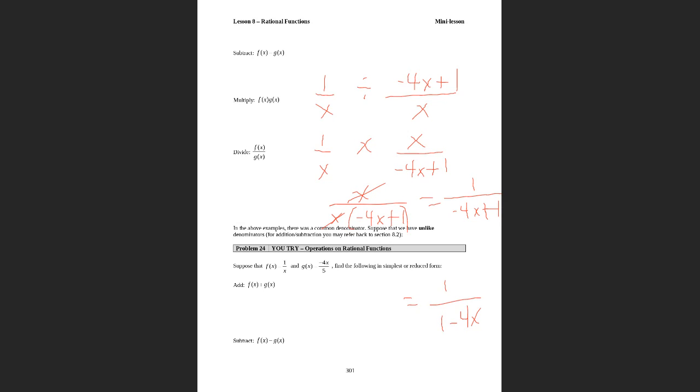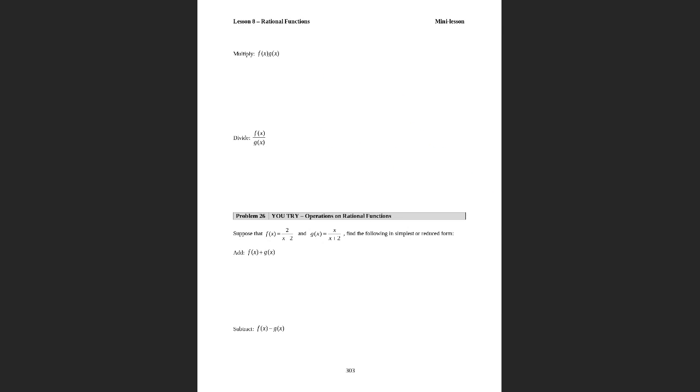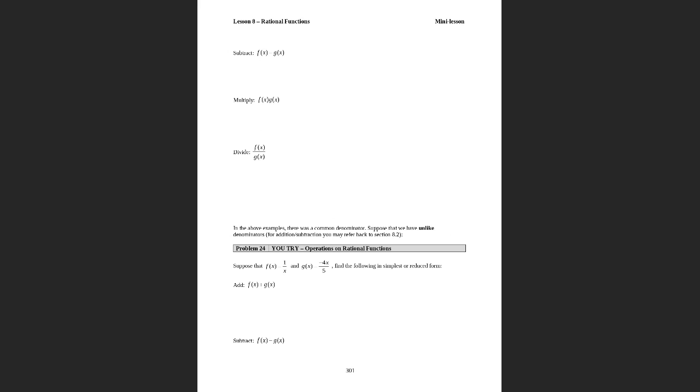All right. So we are not going to do 24 because you should be able to do that one. Then what about 25? 26, we keep going like that. So with what we've done so far, you should be able to do all these ones.